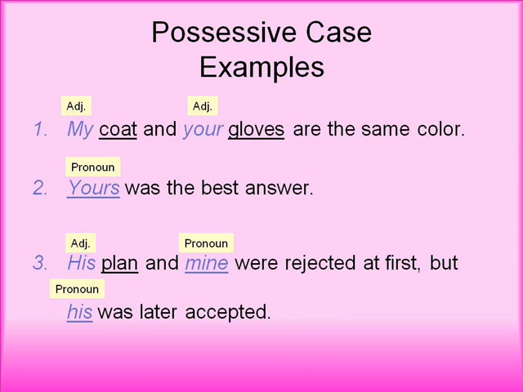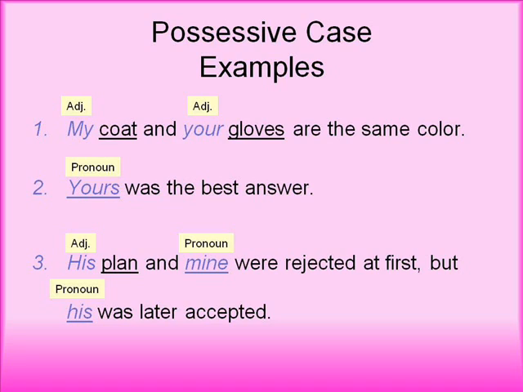So what's important here is that you're able to identify these possessive pronouns and what they're doing in the sentence. Are they working as adjectives or are they simply pronouns? In the first sentence, you have my coat and your gloves are the same color. Notice that both of those pronouns in blue are coming right before a noun, and that's the key that shows that they are acting as an adjective.